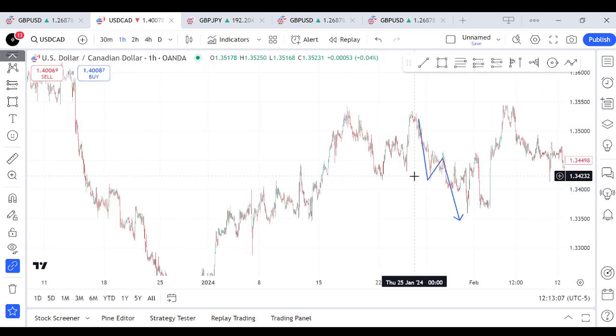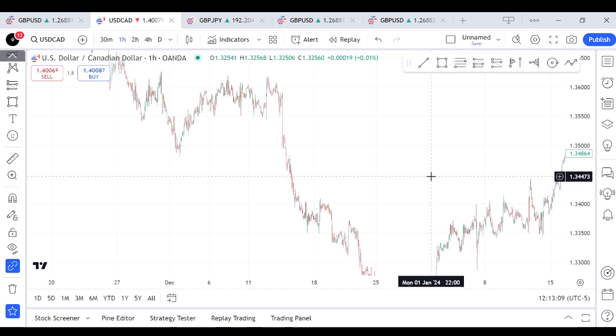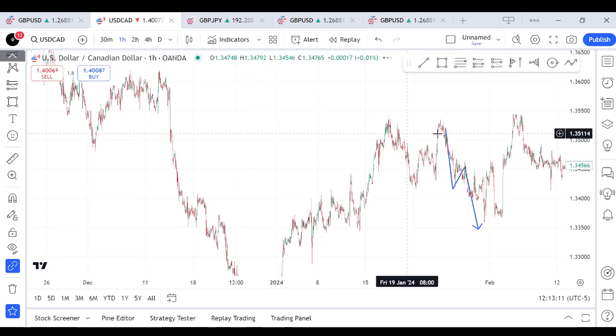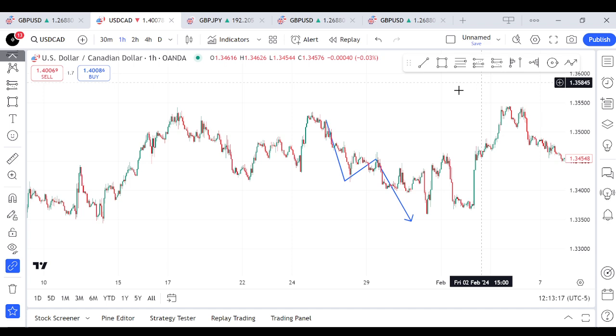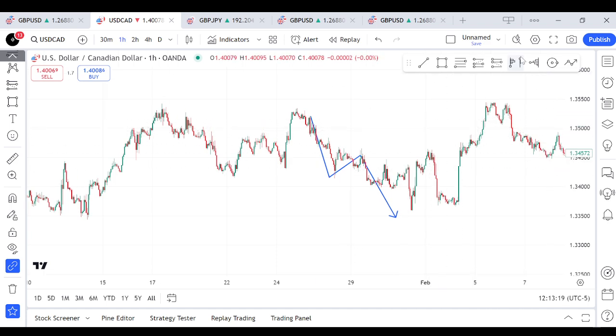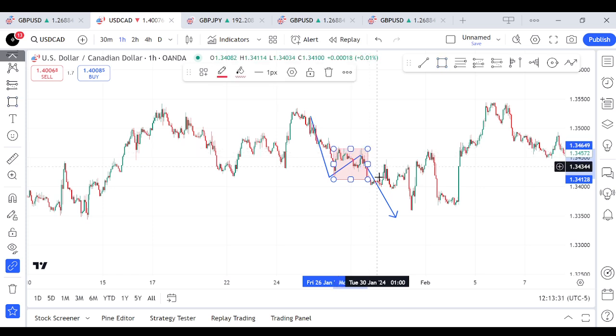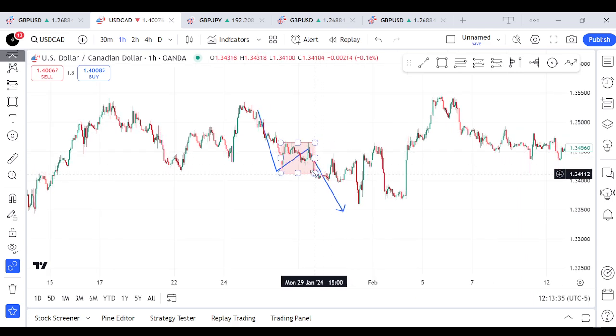Okay, there are two ways you can actually trade the drop base drop pattern. You either enter after the break of the base support or the base low. For example, you have this drop, you have the base, then you have the drop, and it could be wise to enter at the base. This is the break of the base, which is considered to be this area.